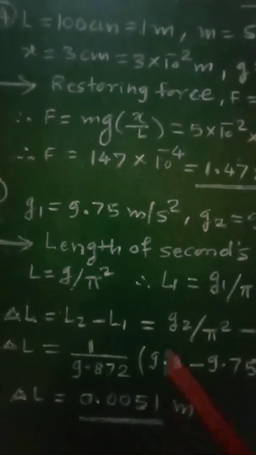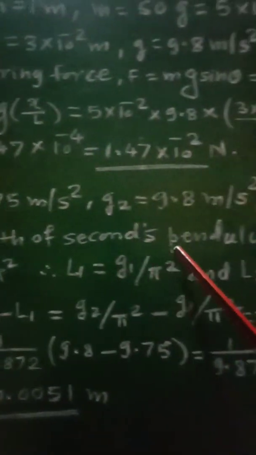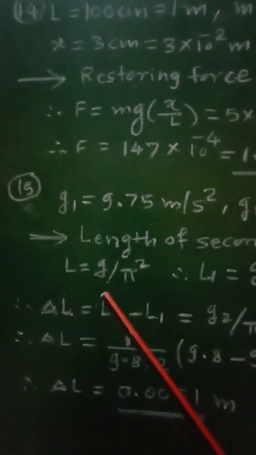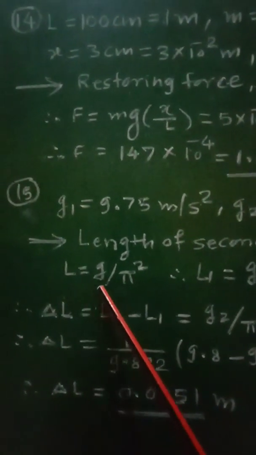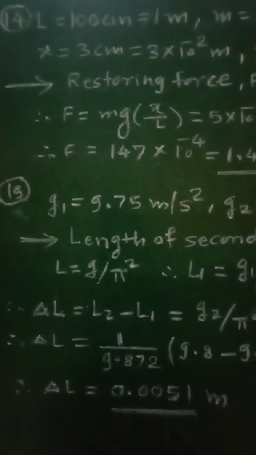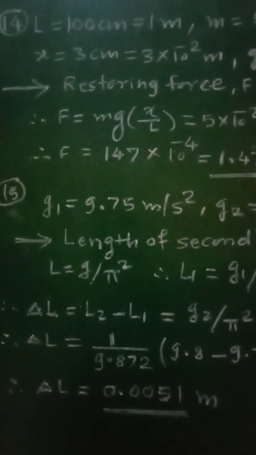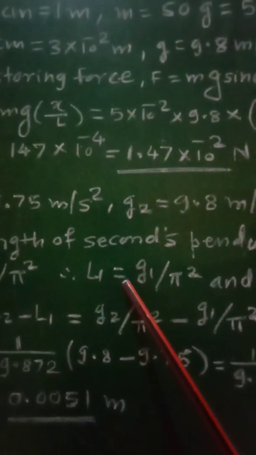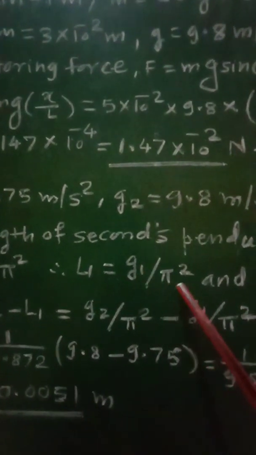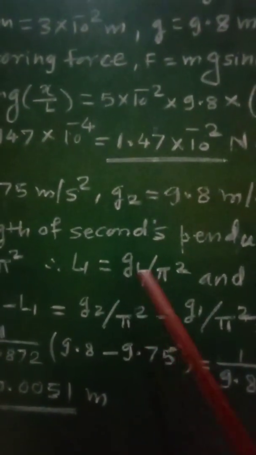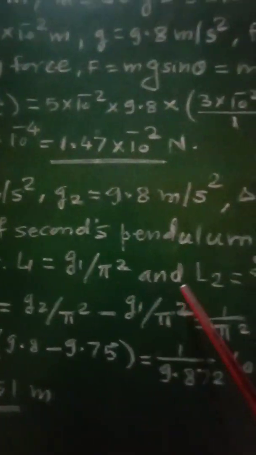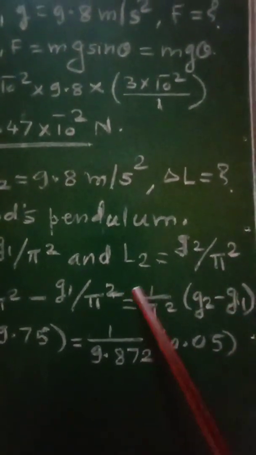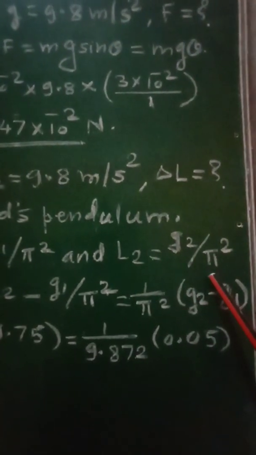For that, the length of seconds pendulum is given by the formula L is equal to G by pi square. Therefore, L1 is equal to G1 by pi square, and L2 is equal to G2 by pi square.